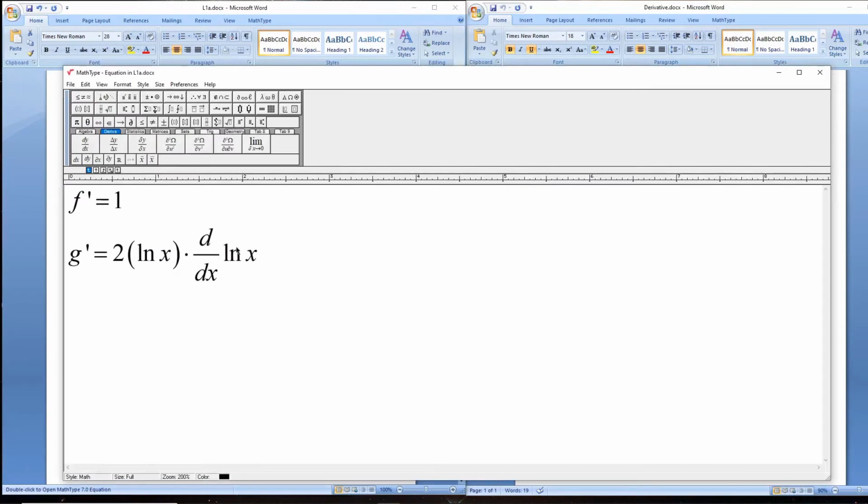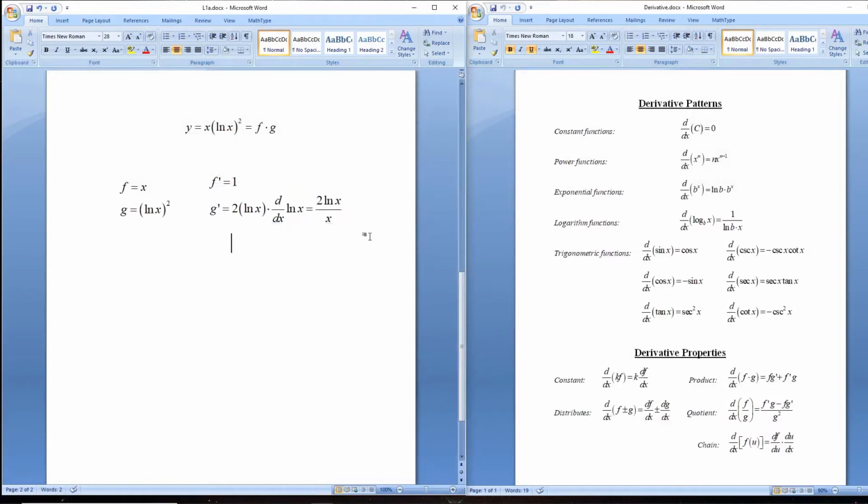And so the derivative of log x is 1 over x. And I suppose we could clean this up slightly, because we don't need the parentheses here anymore. And we could put this all into the numerator here. And there's our derivative.